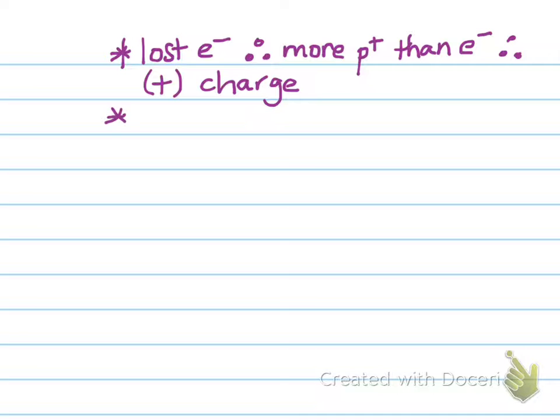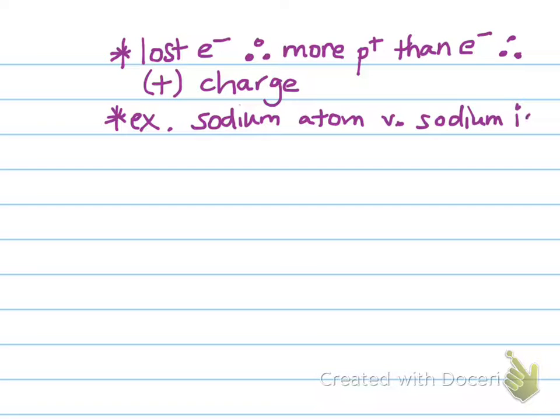To look at an example, we're going to look at a sodium atom versus a sodium ion. So a sodium atom is Na, and when we look up sodium on our periodic table, it has 11 protons and 11 electrons.